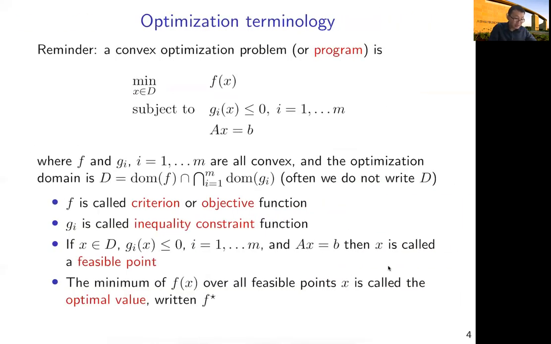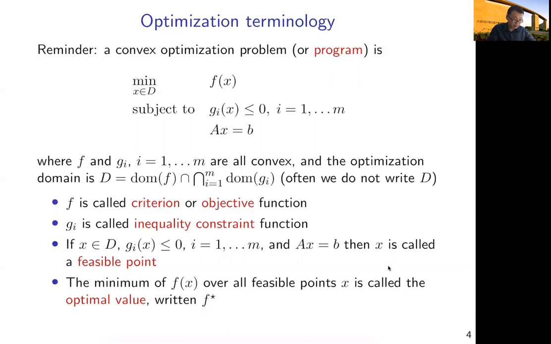Okay, so this is something that we looked at before, right? We talk about the general form of a convex optimization problem. It starts with an objective function to minimize, which we call f. We are minimizing this objective function subject to a set of constraints. And this set of constraints can be broken down into two pieces: the inequality constraints and equality constraints.